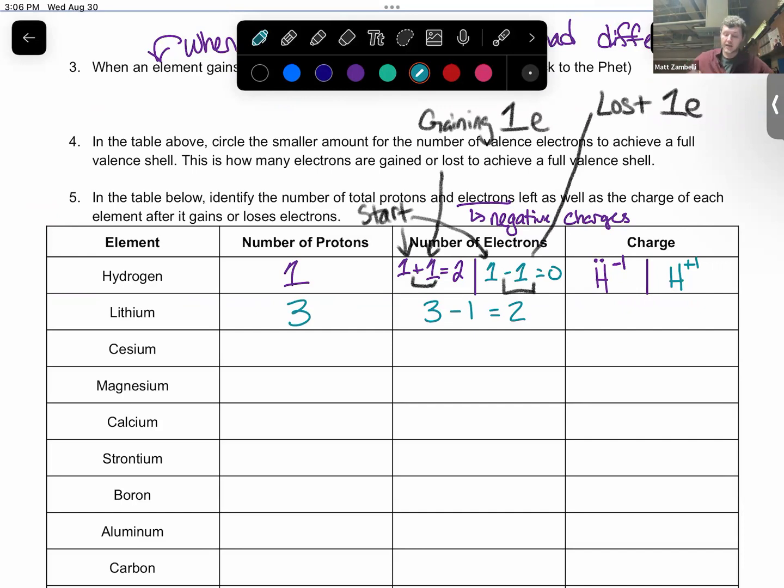All right. And because we lost 1 and lithium started as Li with its valence electron up here, because we lost that one, right? It turned into Li with a +1 charge.